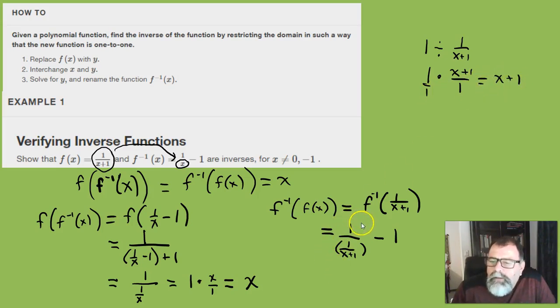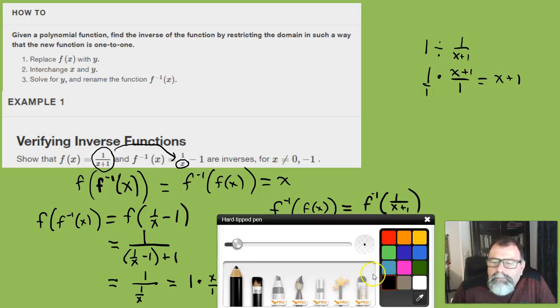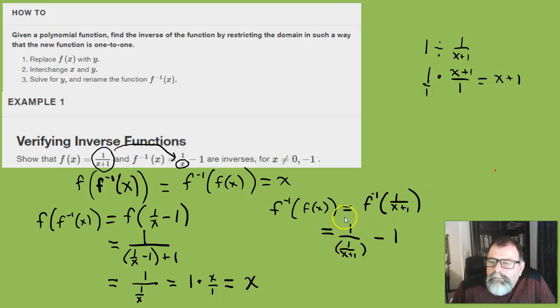Okay, so this part here, scratch work up there, it'd be x plus 1, x plus 1, and then we got the minus 1. The plus 1 minus 1 is 0, so we're just left with x.